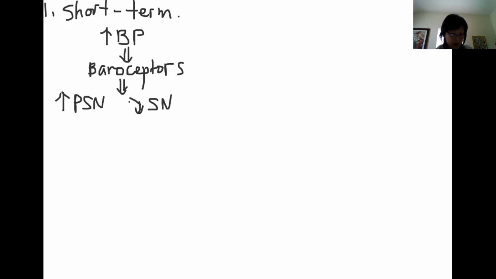So remember, these two are most of the time in opposite directions. If you increase the parasympathetic, then you decrease the sympathetic. Okay, so if you increase parasympathetic innervation, then think about the heart rate. The SA node.